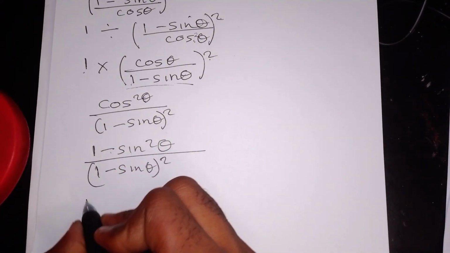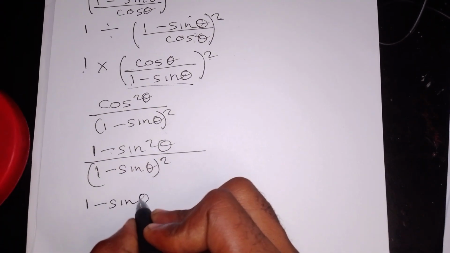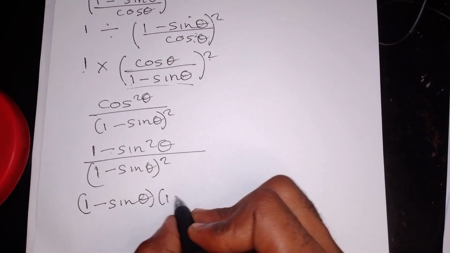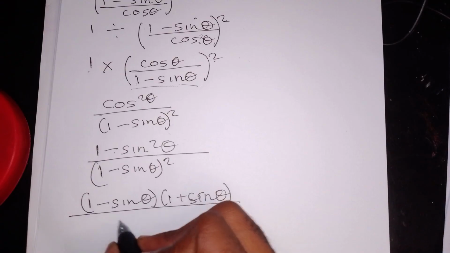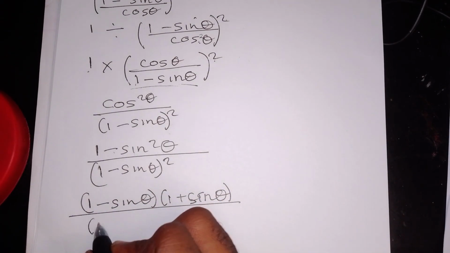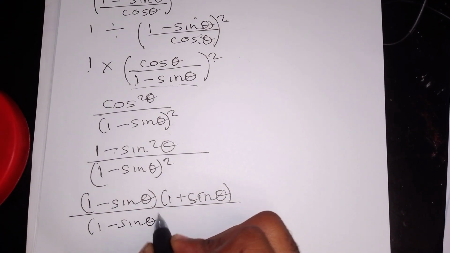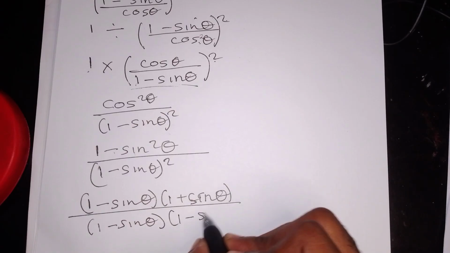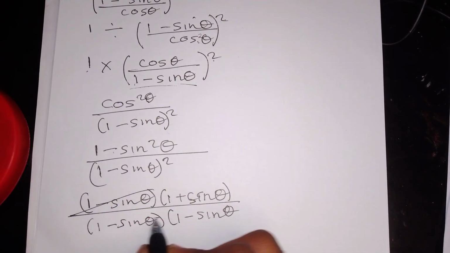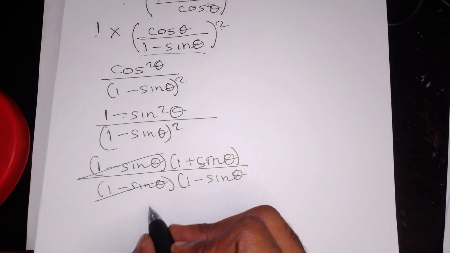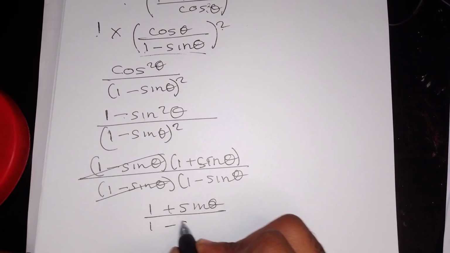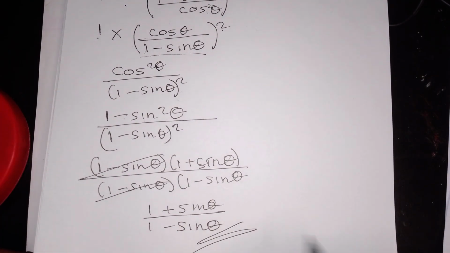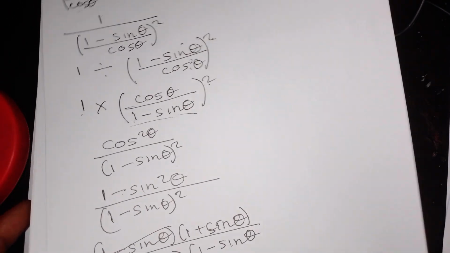So this one will be 1 minus sine theta, and then 1 plus sine theta, then everything over. You can even write this in expanded form without really expanding. So this and this will go, and then you remain with 1 plus sine theta over 1 minus sine theta, as required.